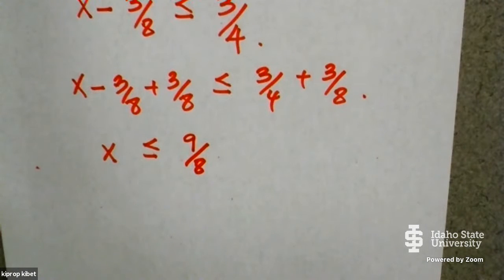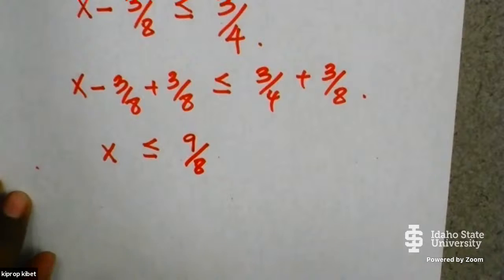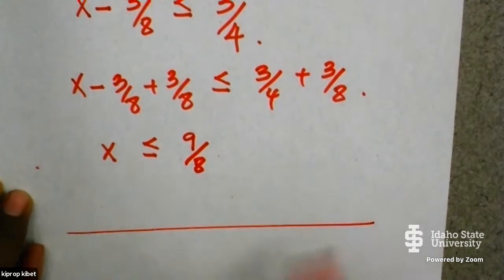Now represent this one in the interval notation. So how should we represent that one in interval notation? So you now graph this.